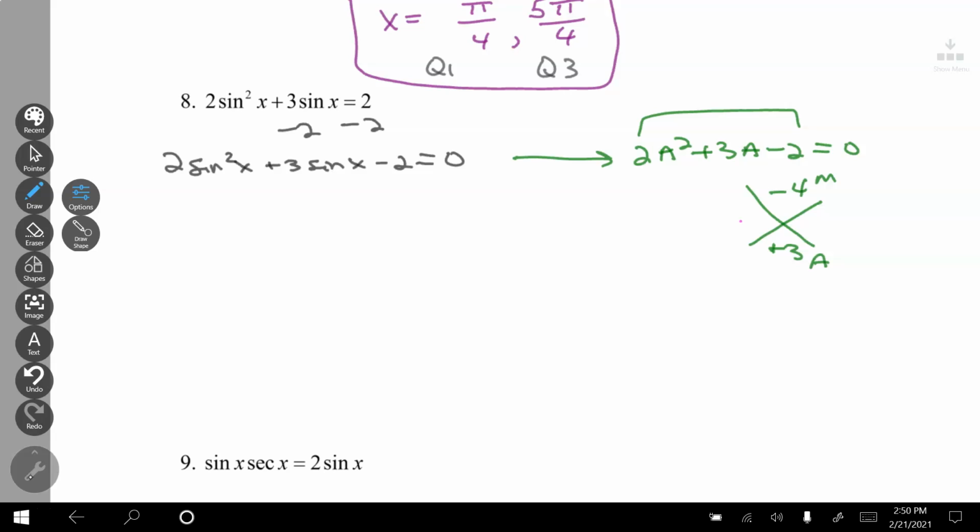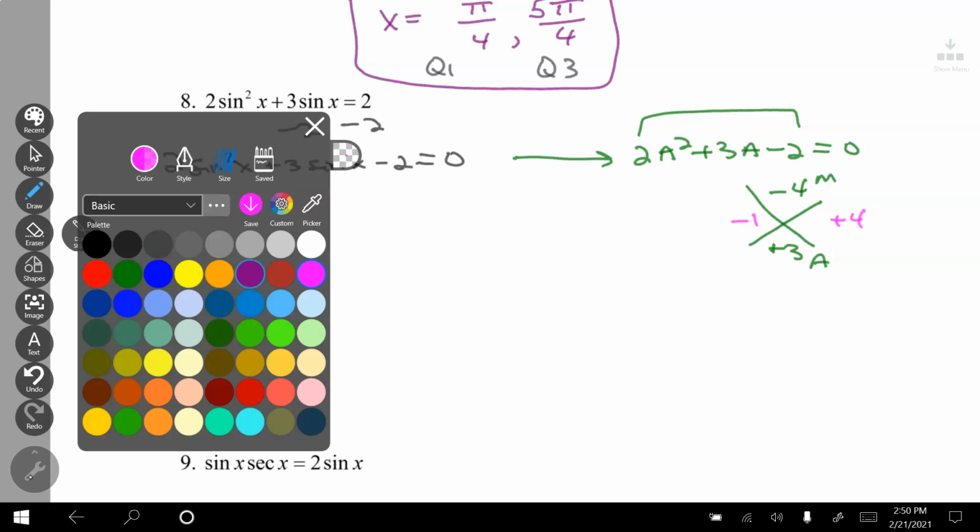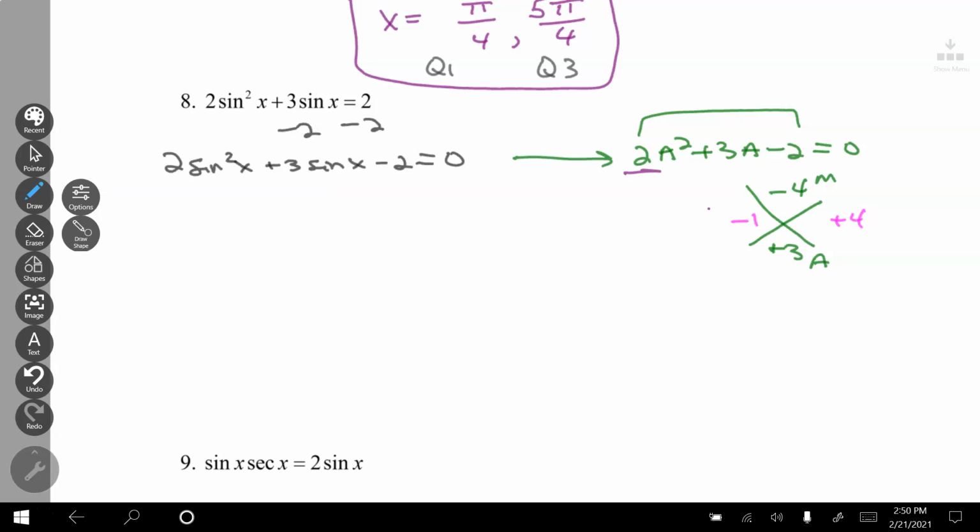Well, I would think negative 1 and positive 4 is what I need to get what I want. And don't forget about this 2 up front. So 2x and 2x. That one's good. 2x minus 1. This one has to be reduced. x plus 2. Now I'm going to rewrite it, not with x's, but with sines of x's.